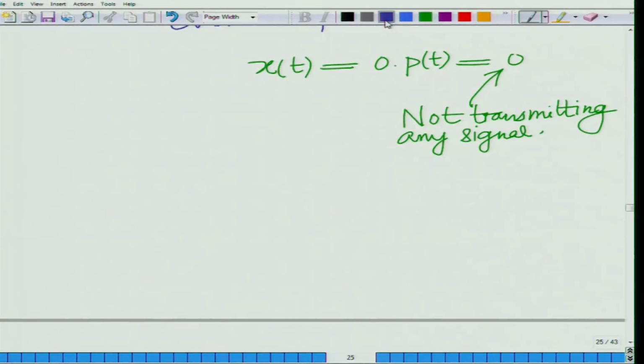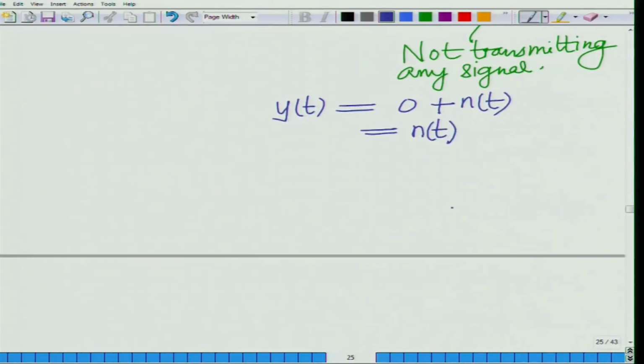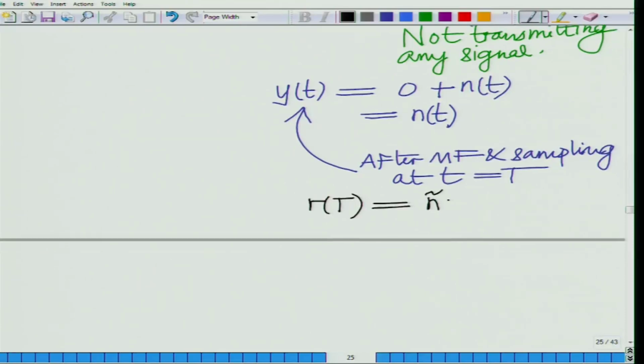Therefore, y(t) is simply 0 plus n(t), which equals n(t). After matched filtering and sampling at t equal to capital T, what we get is R(T), and because there is no signal component, there is only going to be the noise, which is n tilde.